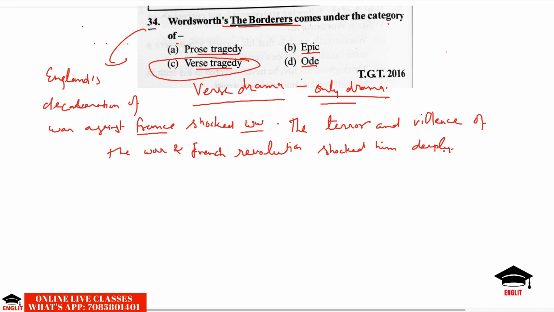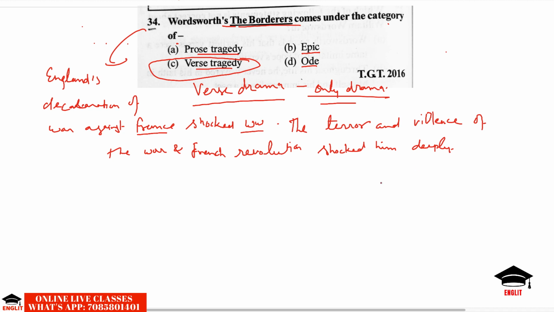The enthusiasm with which he joined the French Revolution, he hailed the French Revolution, but the horrors of war and the terrors of war and the vagaries of war, the violence of this war shocked him. He did not anticipate this thing. So he was deeply distressed, disillusioned, disappointed in warfare.